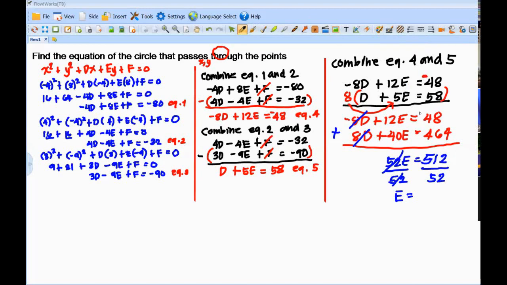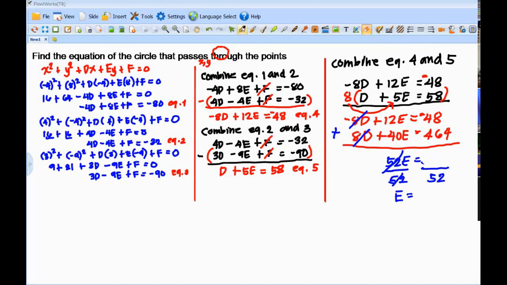So -48, and this should be 464 minus 48. So let's change this number only. Right? 464. So it's 416.